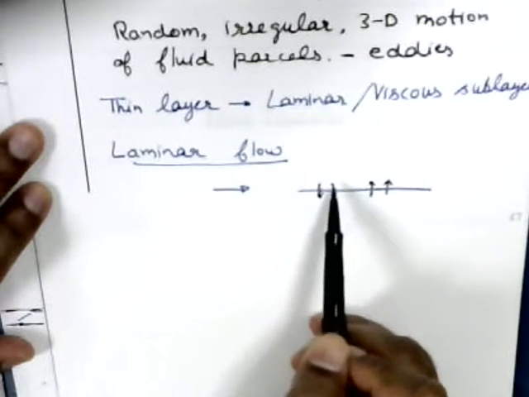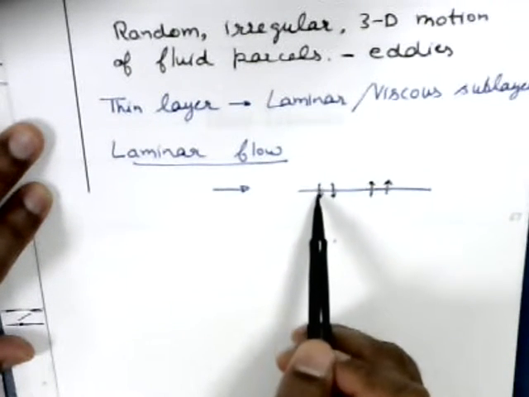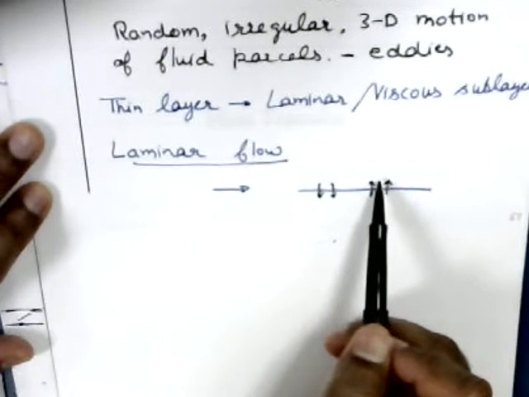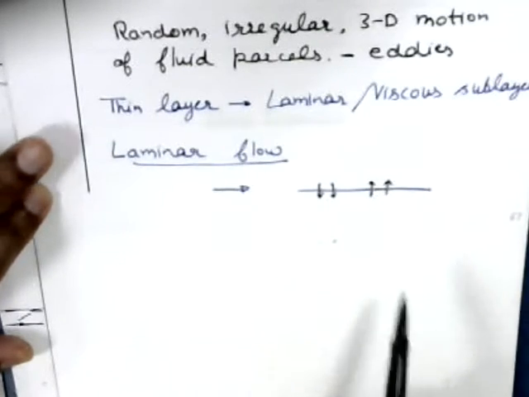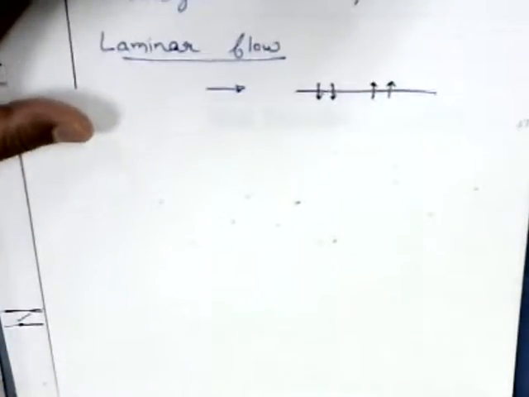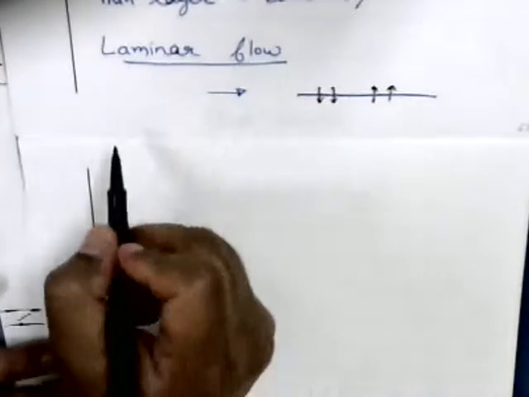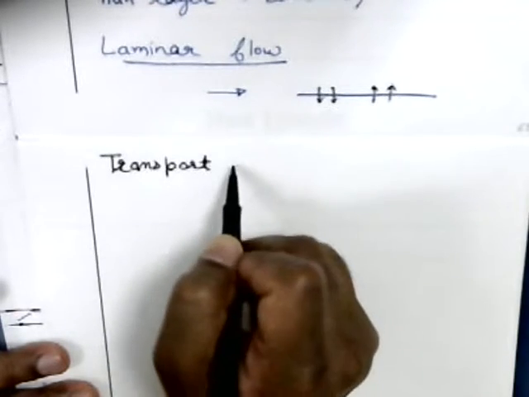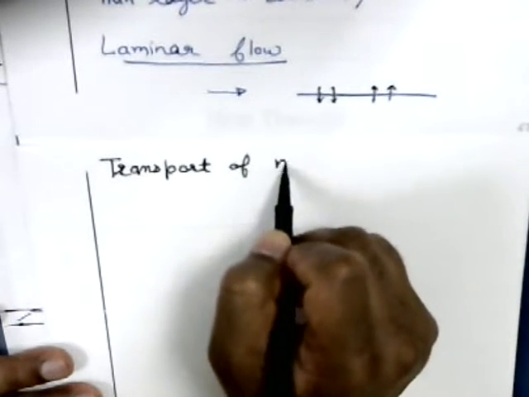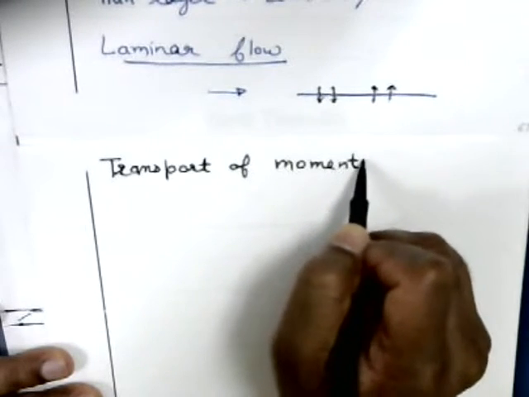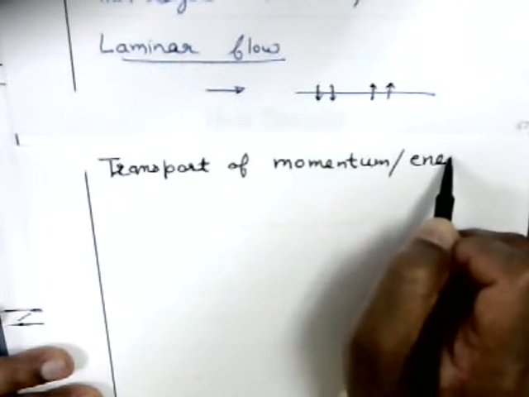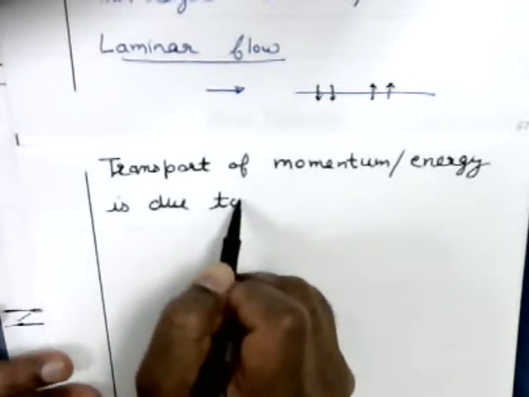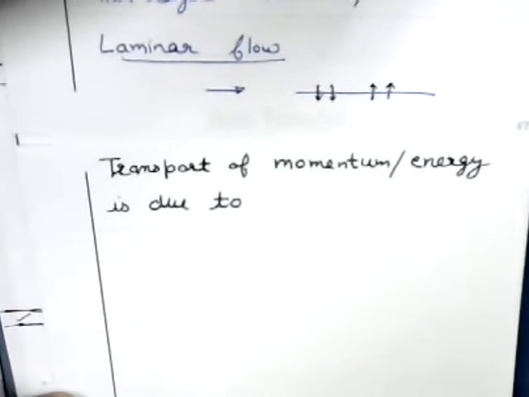For example, these molecules, when they move down, carry their momentum with them, and those that go up carry their momentum and also their energy with them. So you can say that the transport of momentum and energy is due to random molecular motion.